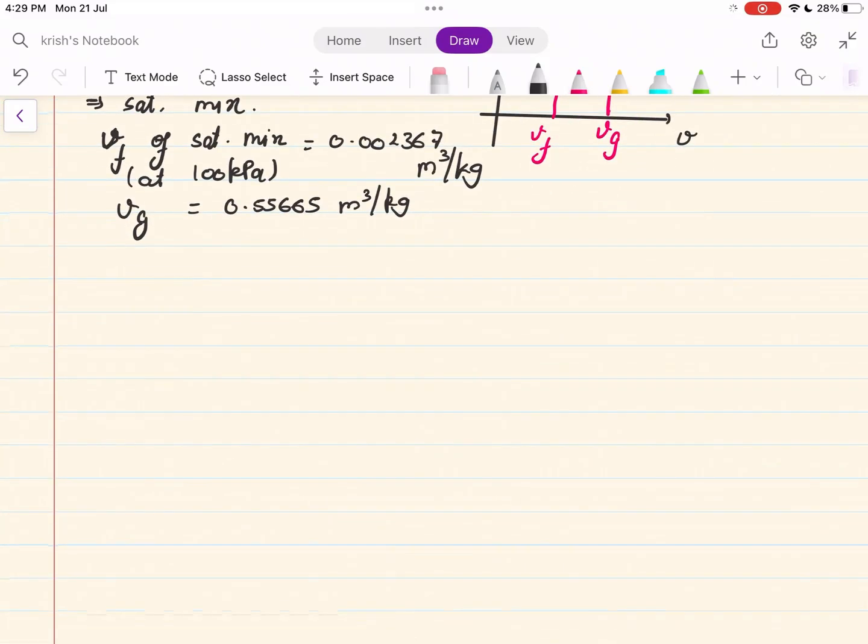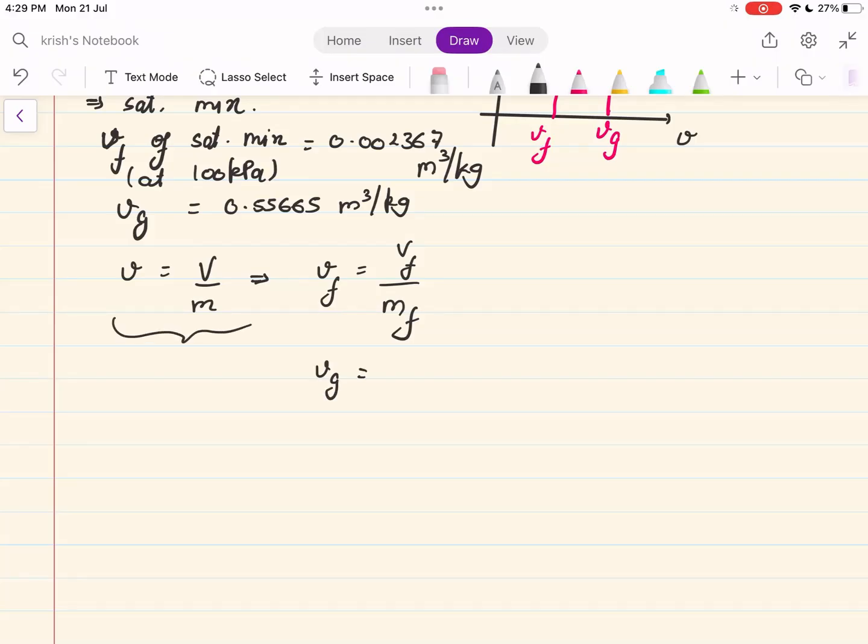Now we are going to use the definition of specific volume. Specific volume is given by total volume upon mass, which means the specific volume of the liquid is given by the total volume of the liquid by the mass of the liquid. The real interesting trick here is to use this formula as 2, and we can also say specific volume of gas is the total volume of gas by the mass of the gas, right?